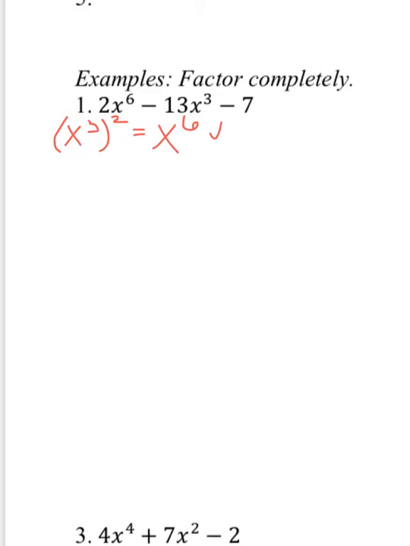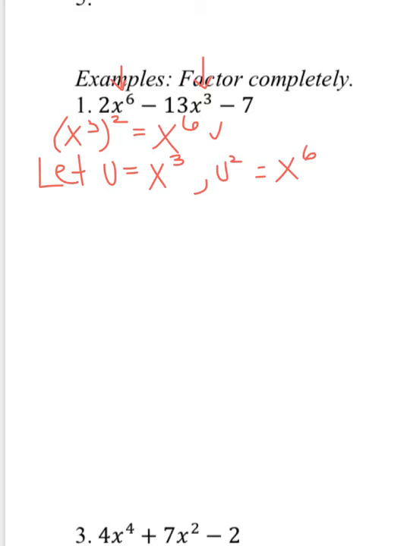So because this works, you're going to write let u equal x to the 3rd, and u squared is x to the 3rd squared, which we just said is x to the 6th. Okay? Because x to the 3rd squared is x to the 6th, you can do this. If that were x to the 5th out front, then you would not be able to.